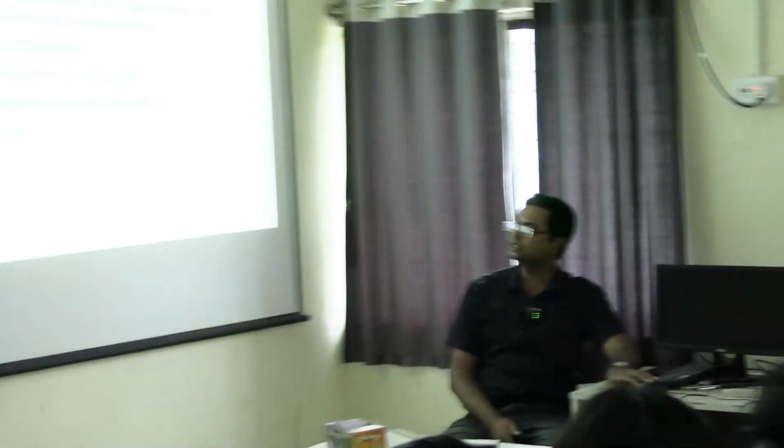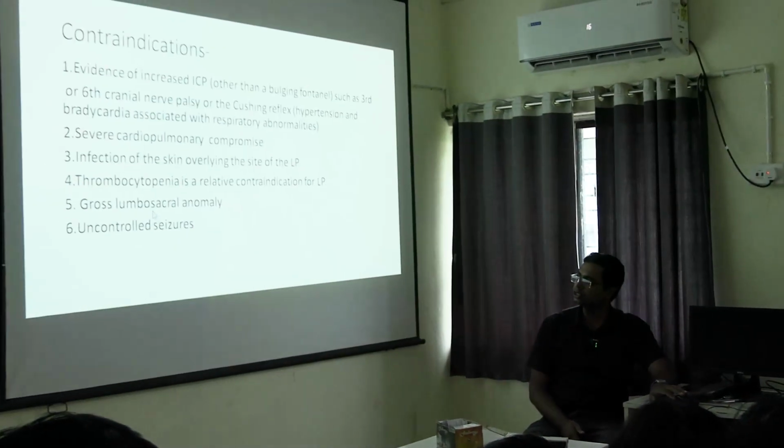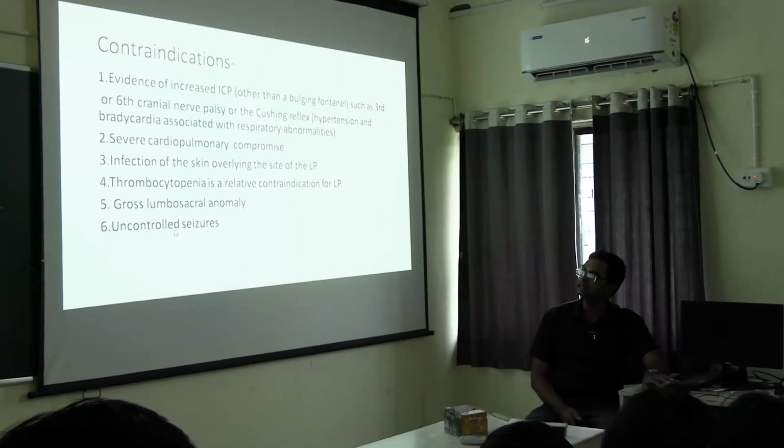Thrombocytopenia is a relative contraindication, but if the platelet count is less than 20,000, then it is wise not to do lumbar puncture. So these are the contraindications: severe cardiopulmonary compromise, infection of the skin overlying the site of the LP, thrombocytopenia, gross lumbosacral anomaly and uncontrolled seizures.